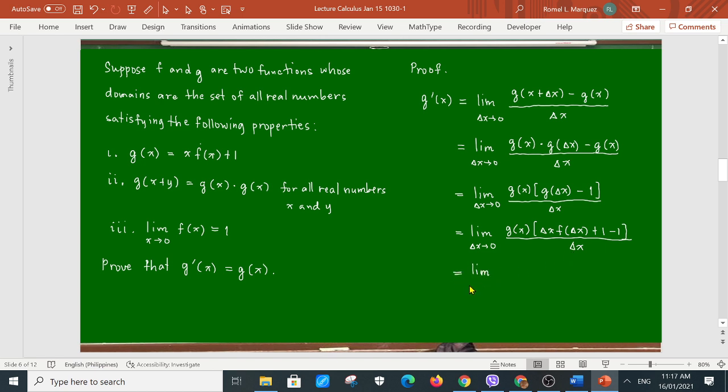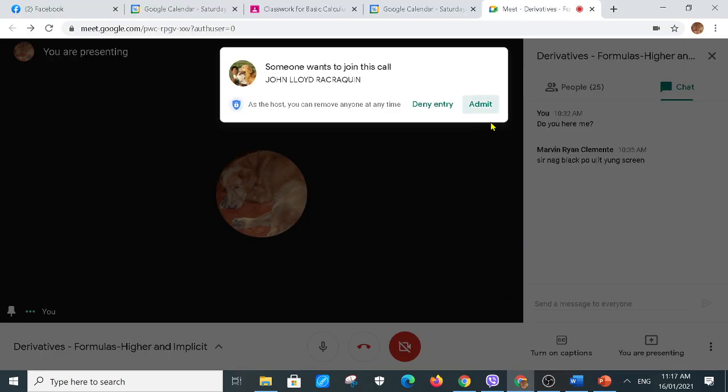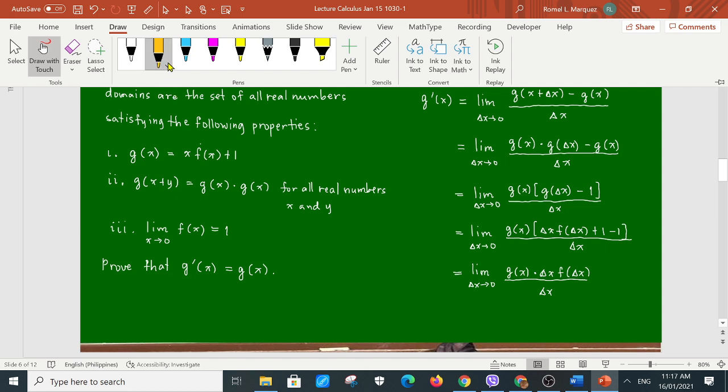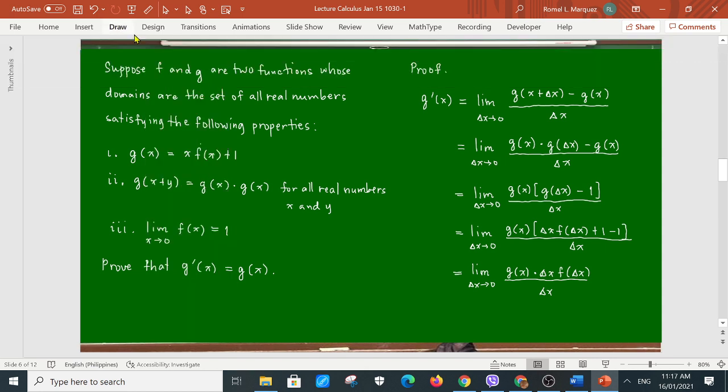We're almost done. So let's see. We retain g of x, because later we want to come up with that. But this is simply delta x times f of delta x, because 1 minus 1 is 0, all over delta x. So we can now cancel delta x from both the numerator and denominator.